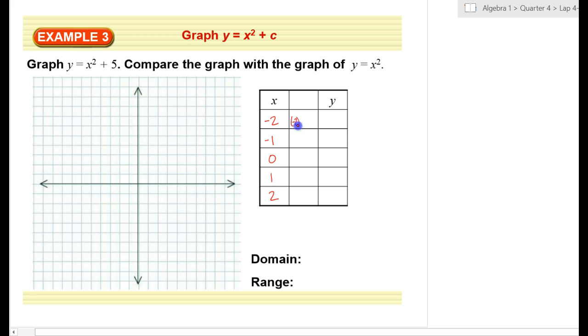So here I'm going to plug in -2 squared plus 5. Well, that's 9. -1 squared plus 5 is 6. 0 squared plus 5 is 5. 1 squared plus 5 is 6. And 2 squared plus 5 is 9.